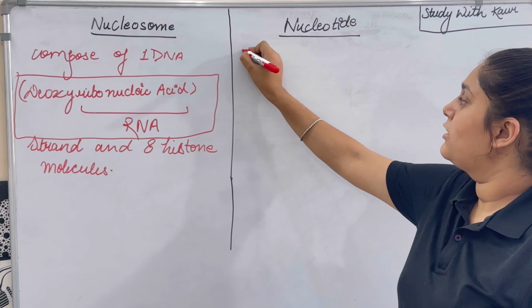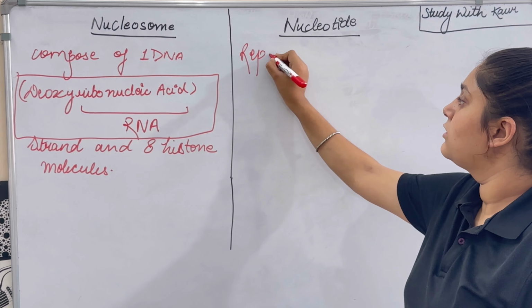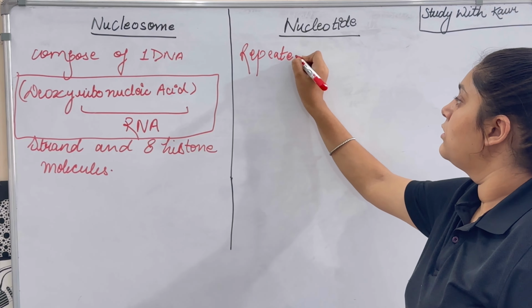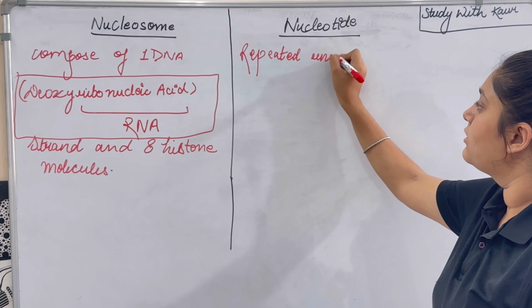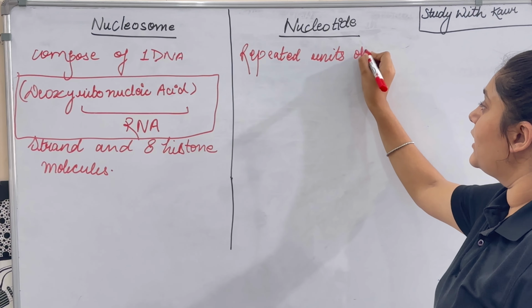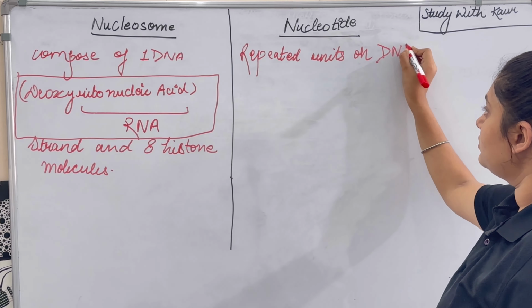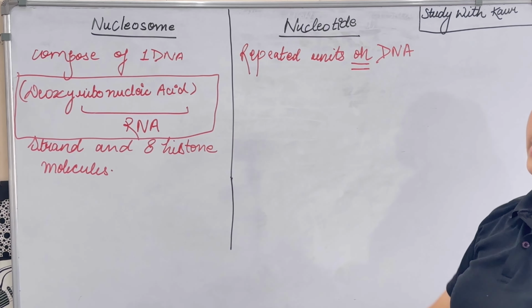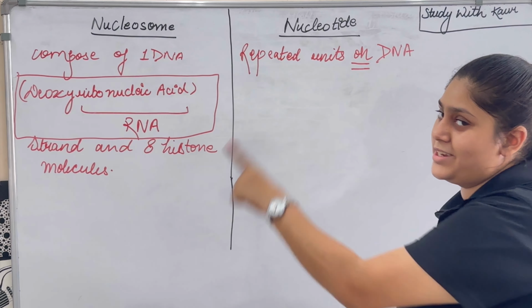So these are repeated units on DNA. You have to make sure that it is on DNA.